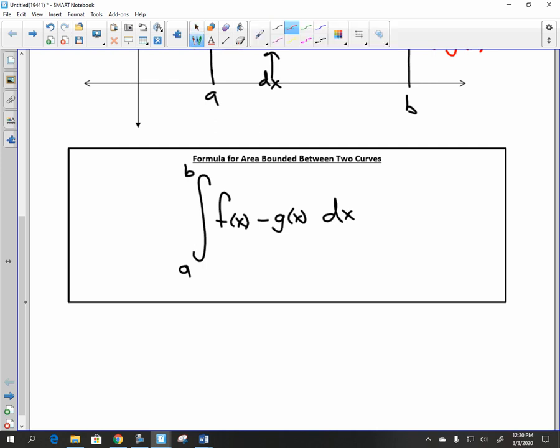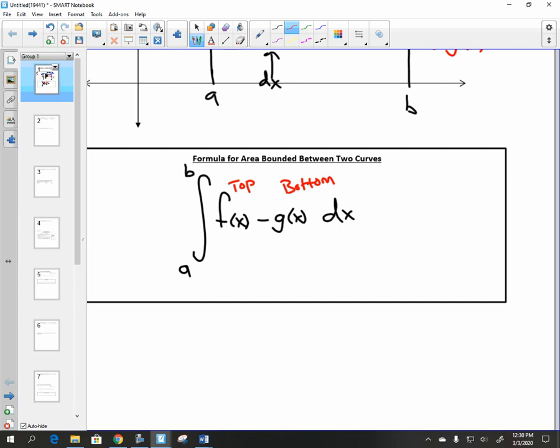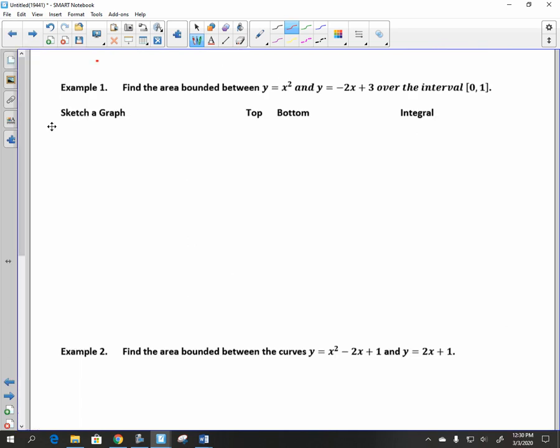It's important to note that f of x is the top function and g of x is the bottom function. Top and bottom. Pretty straightforward, isn't it? You're going to like it because the example works out quite well for you.